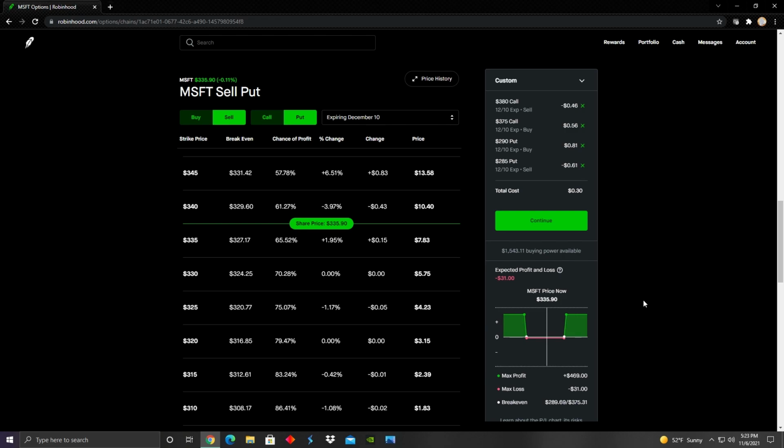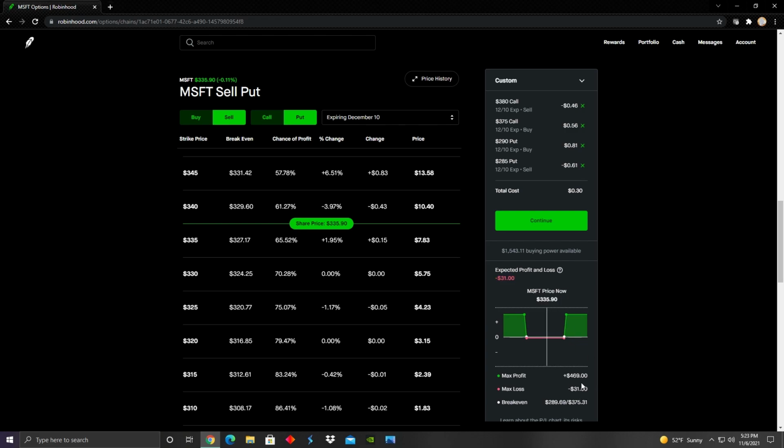But basically how it works is a short iron condor is a trade that allows someone to profit off of a neutral movement in the share price. So if on expiration date, the share price of Microsoft is in between the strike prices of the long call and the long put, then that person would experience their max profit.